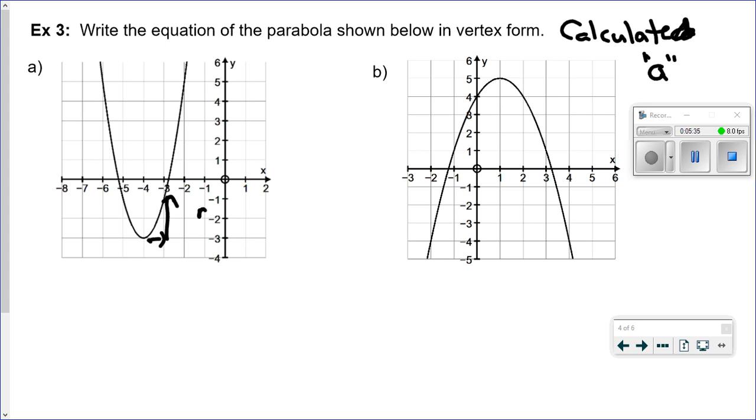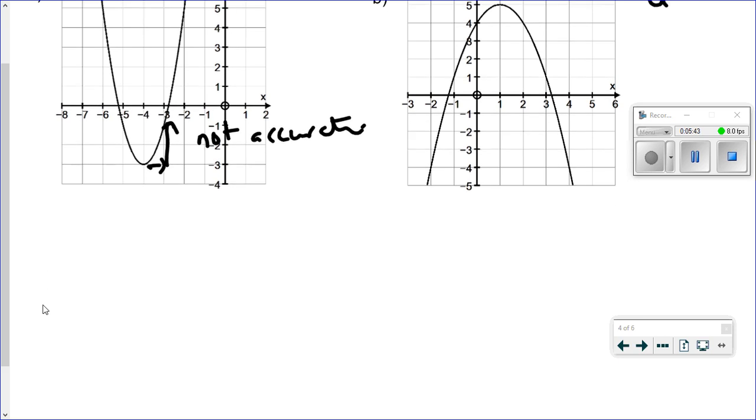Problem is that this is not accurate to do it this way. Wow, I am not writing well today at all. So we start with our vertex. In this case, it's negative 4, so we got to change that sign.